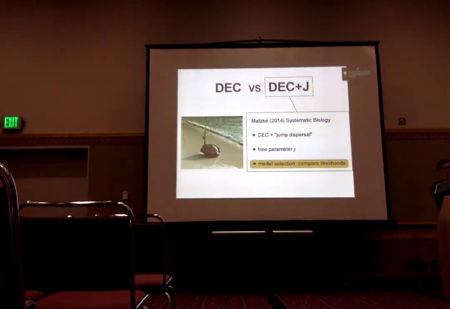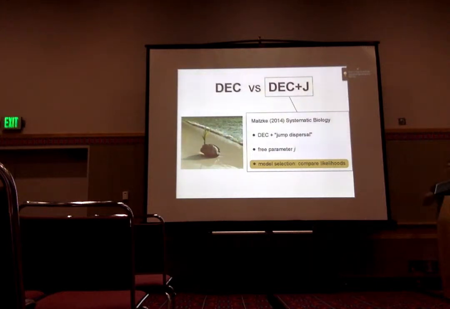Well, it's vanilla DEC plus what we'll call jump dispersal. Jump dispersal is the idea that a single propagule can travel a great distance to an area, establish a new lineage, and that speciation event, caused by the dispersal event, accounts for what would be an internal phylogenetic node on a tree of interest.